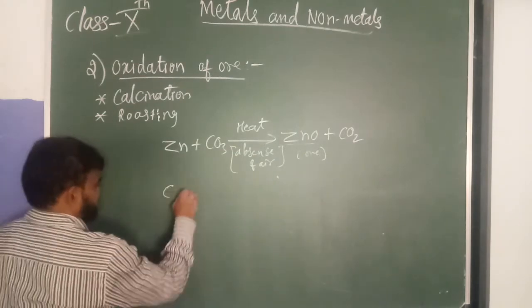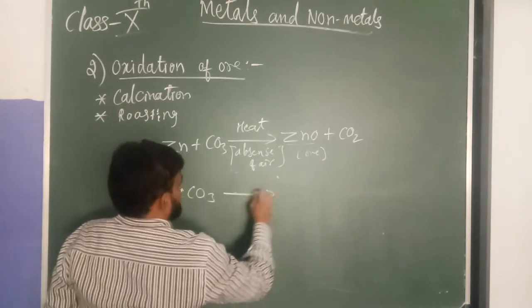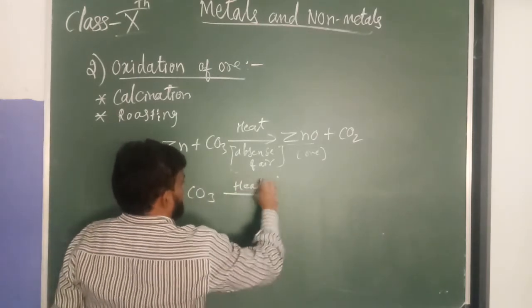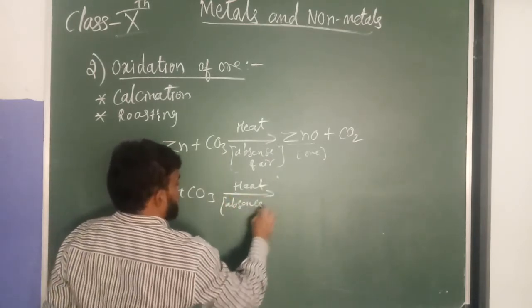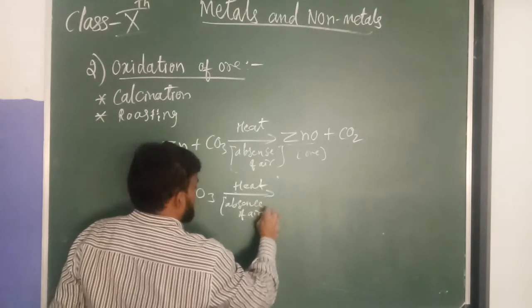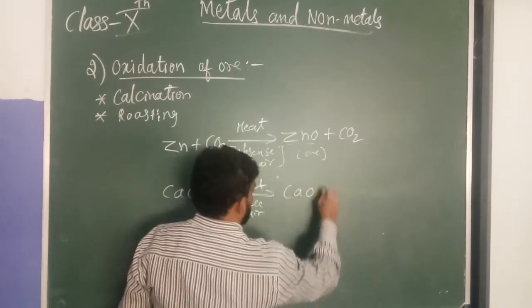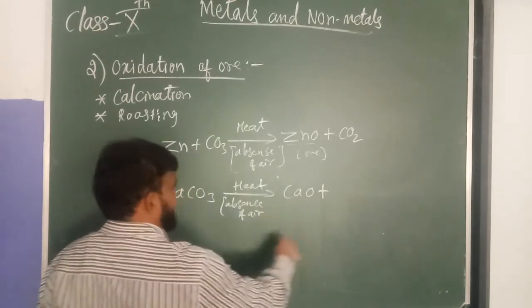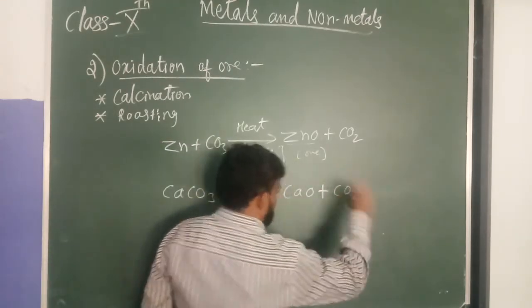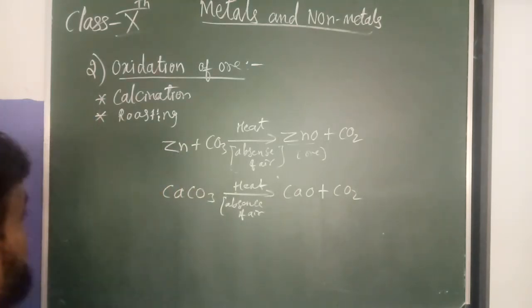Similarly, you take CaCO3, calcium carbonate, and heat it in the absence of air. What will it form? Calcium oxide will form, and carbon dioxide will be released. Understood? These are two examples of the calcination process.